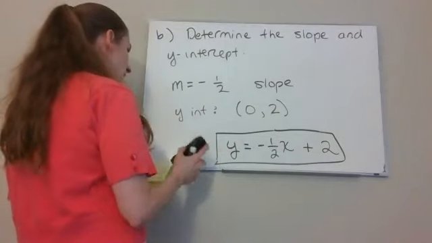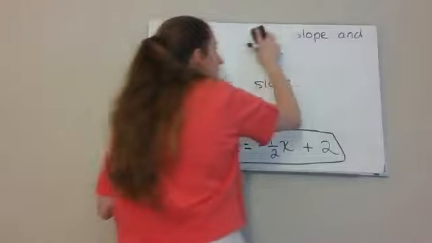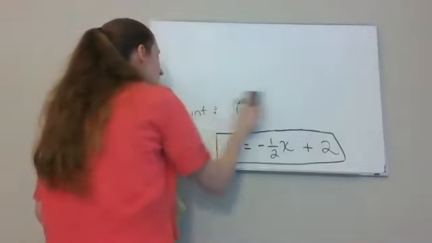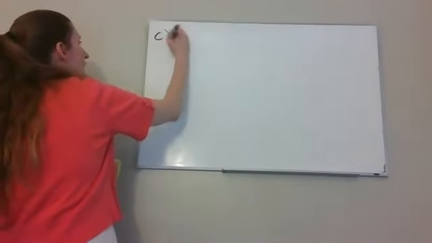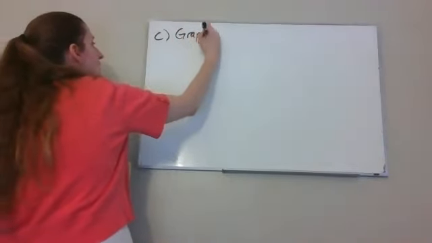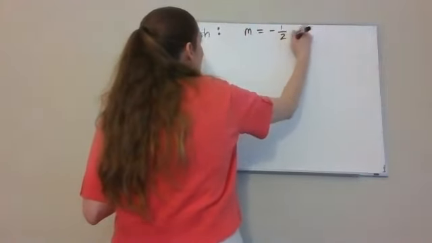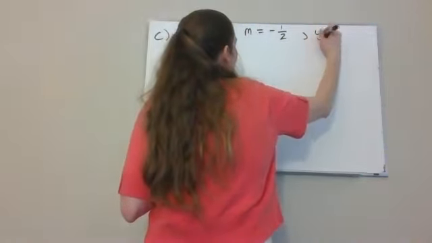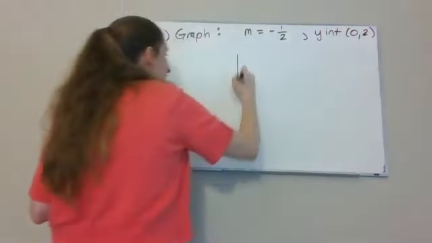Last thing we need to do is graph this. So part C was graph. And I'm just going to remind us, our slope was negative 1/2, and our y-intercept was (0, 2).